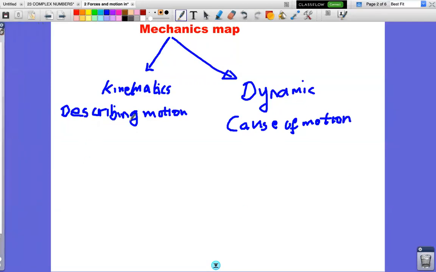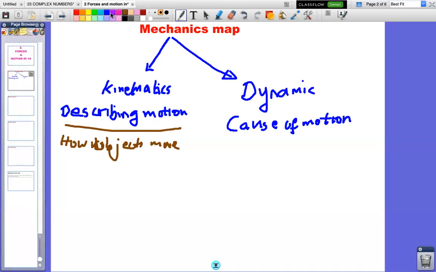So in the first part, the kinematics, we simply say, how do objects move, right? That's why we have to talk about distance, displacement, speed, velocity, and acceleration. In this other part, which we will start from today, we are talking about why do objects move?